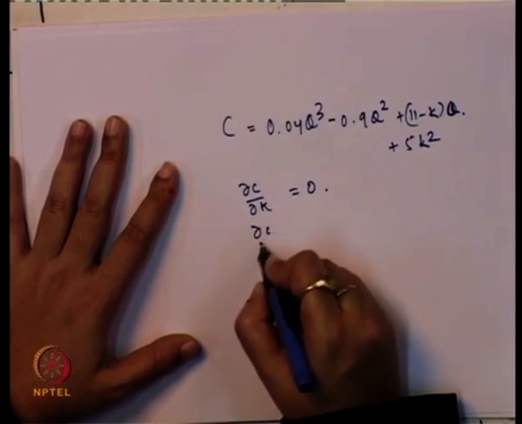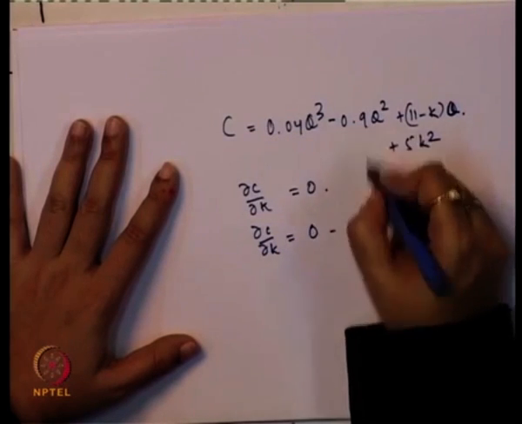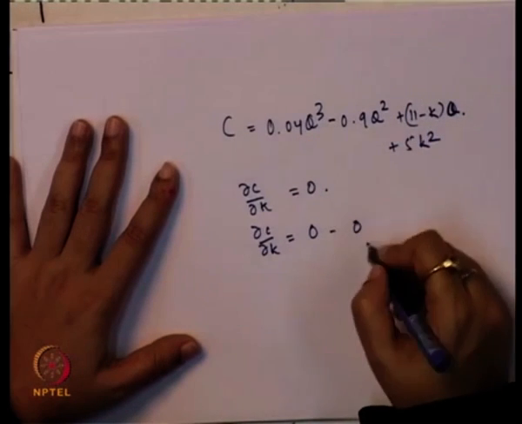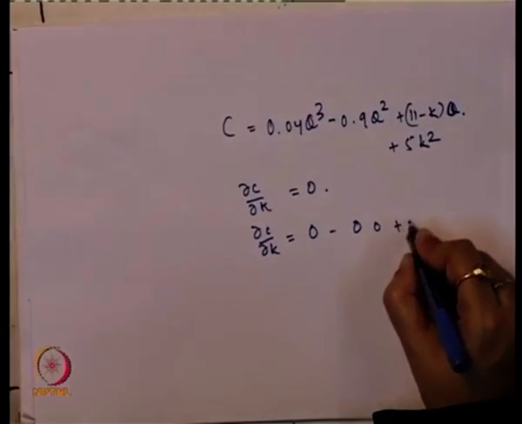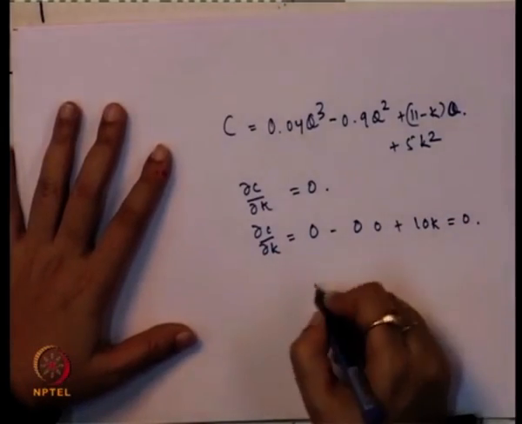So, if you do that, then dC/dk will come to: the first term will be 0, the second term will be 0, the third term will be 0, and the fourth term will be 10k. This has to be equal to 0.